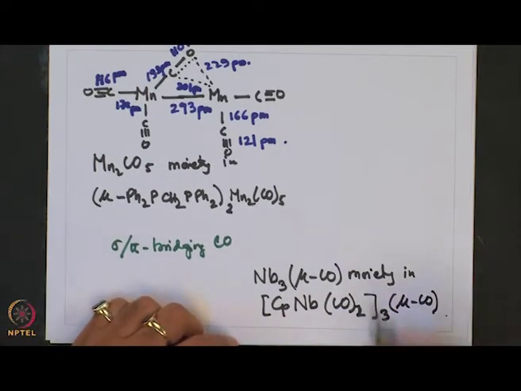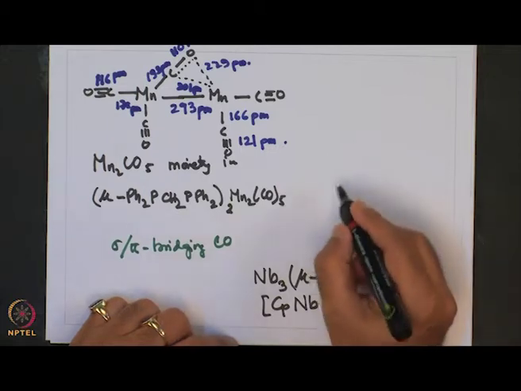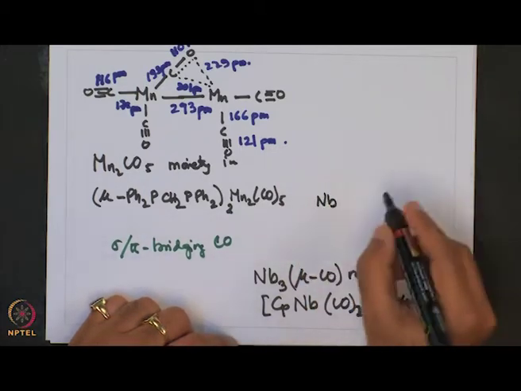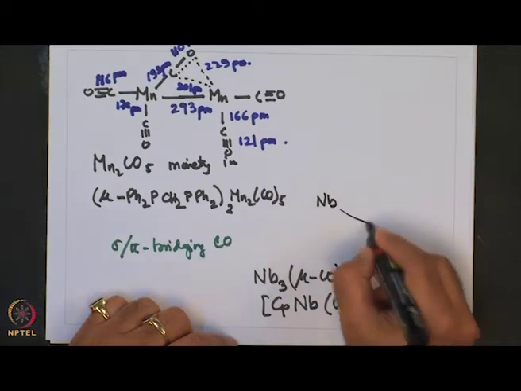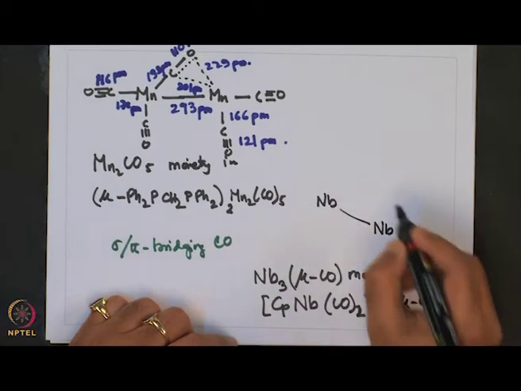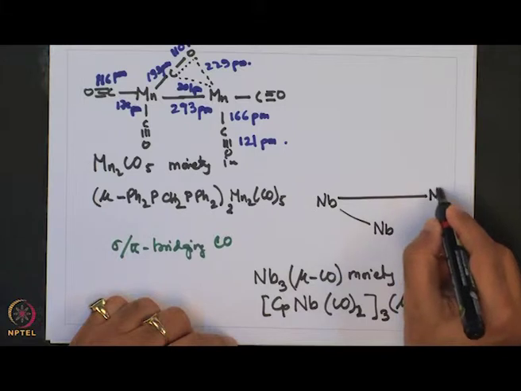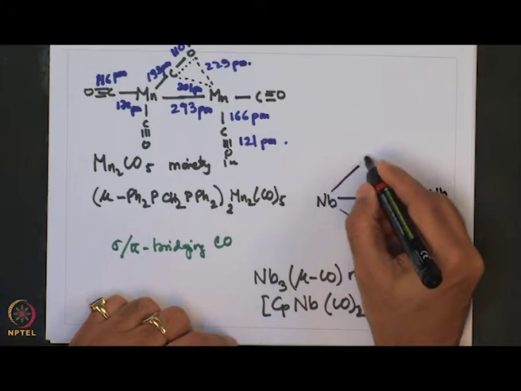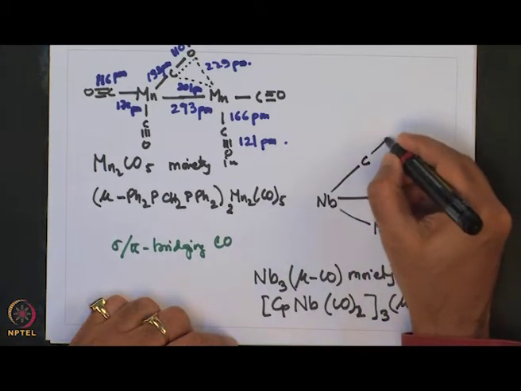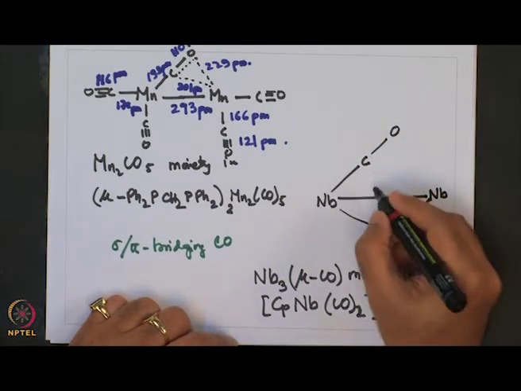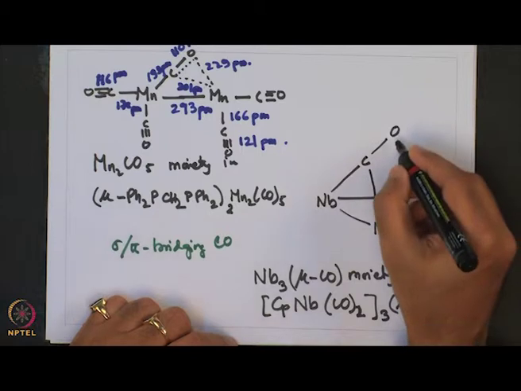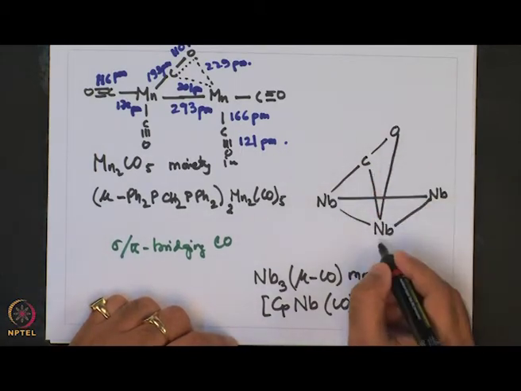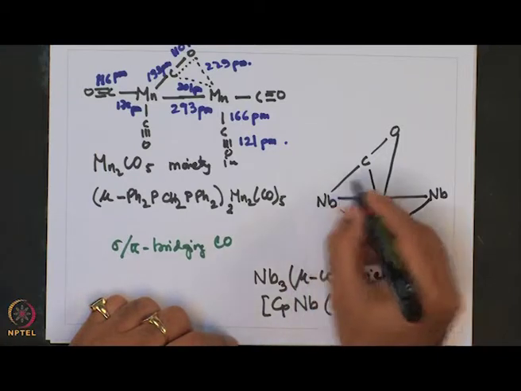Here too we see similar sigma pi bridging happening. So, we have Nb, three of them, then CO, and this CO is bonded in a sigma pi pi fashion.